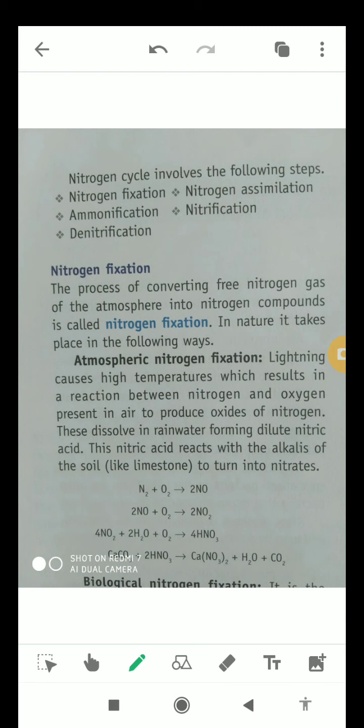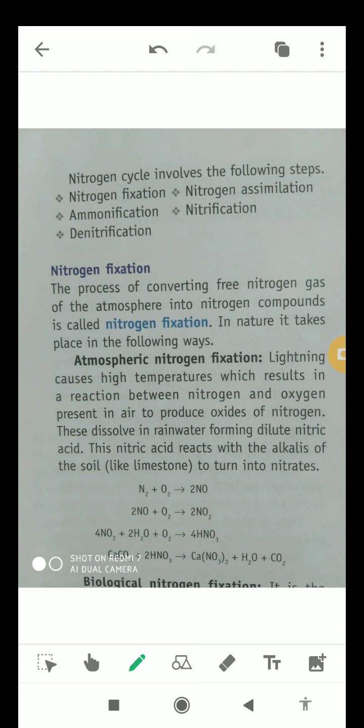First one is nitrogen fixation. Nitrogen fixation is the process in which we convert nitrogen gas of the atmosphere into nitrogen compounds in soluble forms. In nature, it takes place in the following ways. Number one is atmospheric nitrogen fixation.